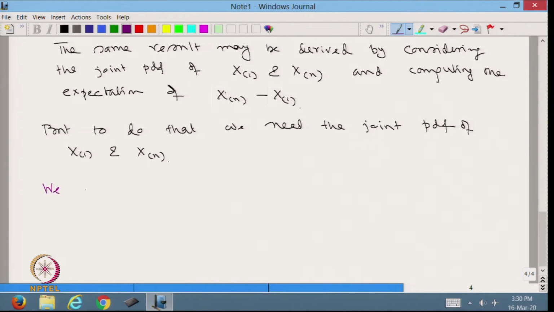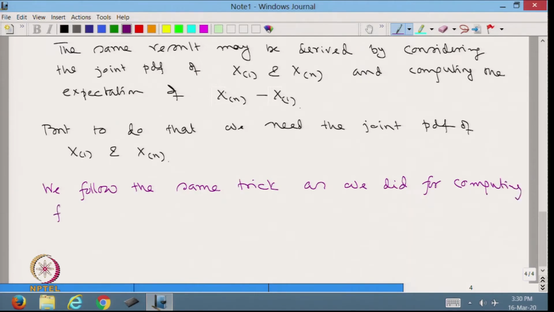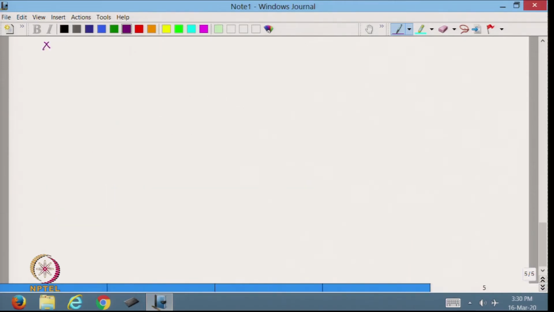We follow the same trick as we did for computing F_R. So, the problem is: X1, X2, ..., Xn follow a PDF f_X.